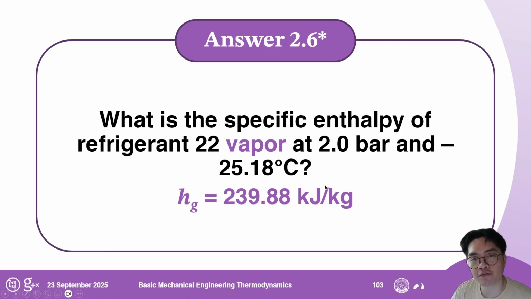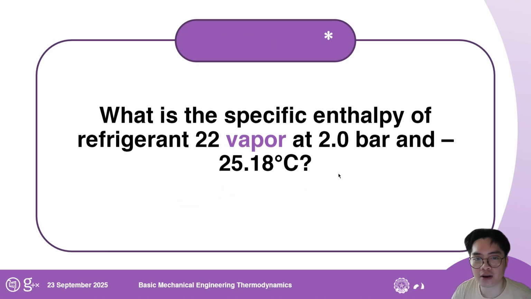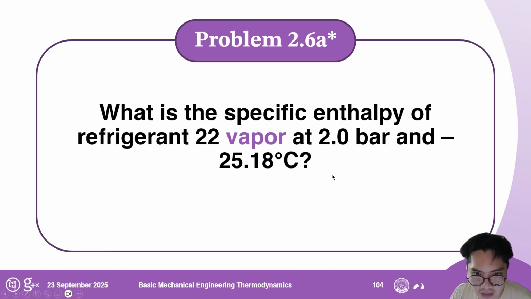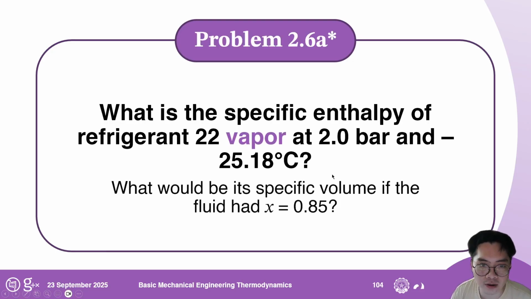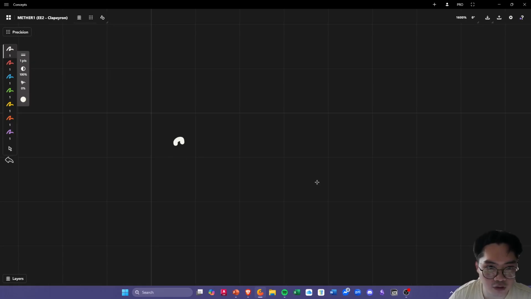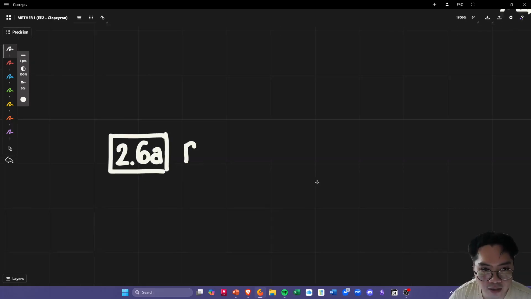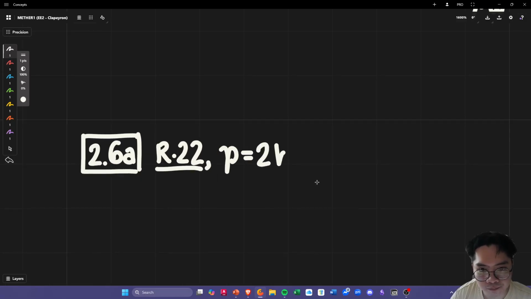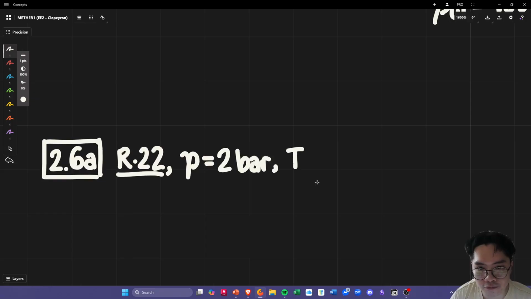Okay, now we'll revise the question just a little bit more, and we will say, what if it were not just completely vapor? What would be the specific volume if the fluid had a quality of 0.85? Okay, so we'll just apply the same thing to what has happened earlier. 2.6a, we are now going to have refrigerant 22 at a pressure of 2 bar and a temperature of negative 25.18.